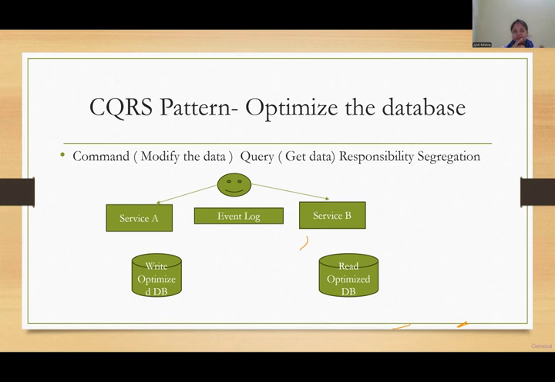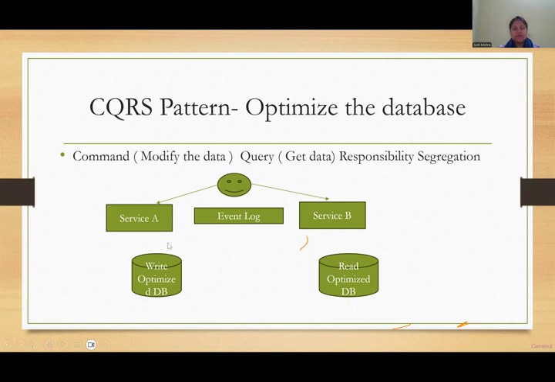Command is like your CRUD operations, right? So in CRUD also, post, patch, etc., those are your command operations. Query is your get, right? Read data. Okay, so again, this is the user, you've got service A, service B, and this is your event log, right?